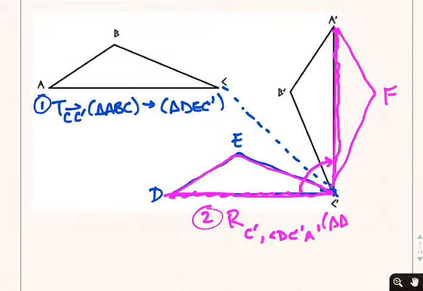Triangle D E C prime until it lies on top of triangle A prime F C prime.